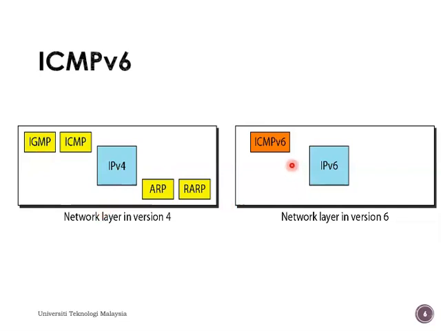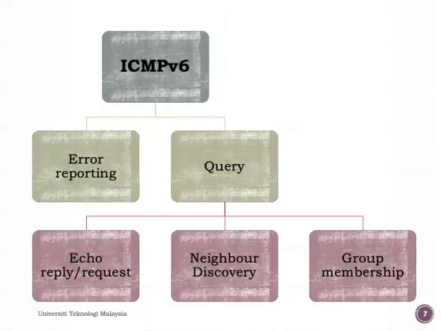Version 6 is more complicated than version 4, and some protocols that were independent in version 4 are now part of ICMP version 6, and some new messages have been added to make it more useful. Basically, these 3 or 4 protocols have been combined into one single protocol for ICMP version 6. Let's look at ICMP version 6 briefly.